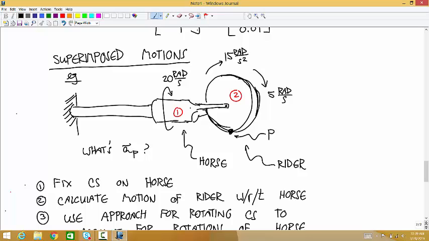So our coordinate system is going to be fixed to 1. The only motion that is happening relative to this coordinate system of this point P is a circular motion, and that's easy to do the calculations for, right? That's not the true acceleration because that's not yet taking account of this spinning. But we'll first calculate that observed velocity and observed acceleration, and then we'll account for it.